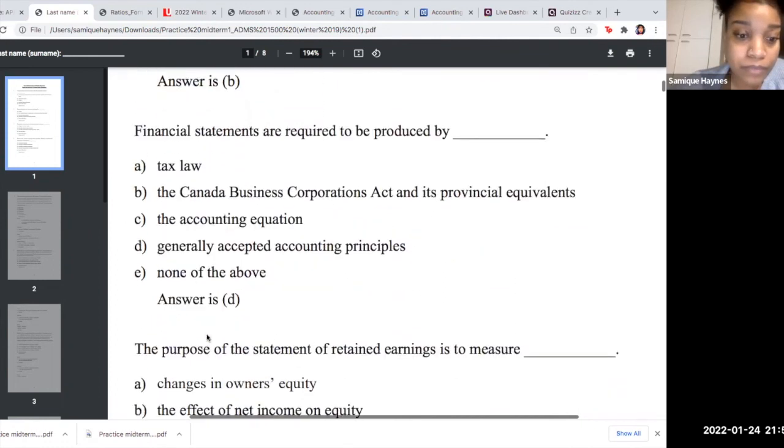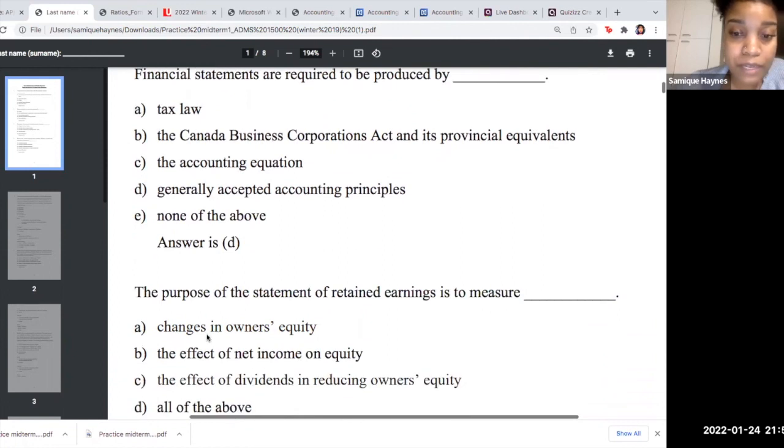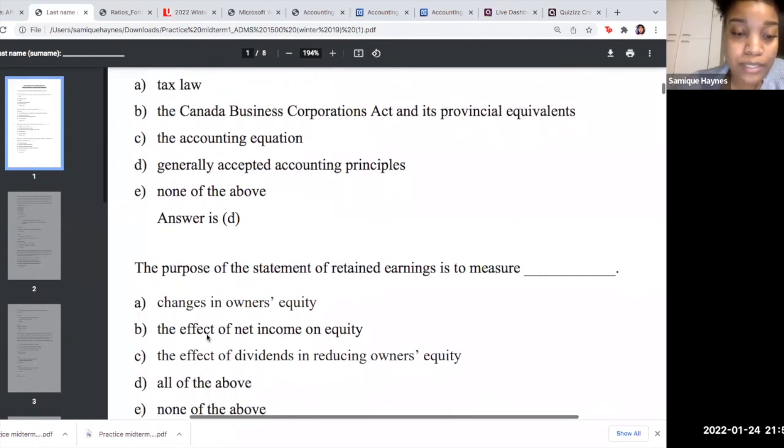All right. Number 3, the purpose of the statement of retained earnings is to do what? Measure changes in owner's equity, measure the effect of net income on equity, measure the effect of dividends in reducing owner's equity, all of the above or none of the above.